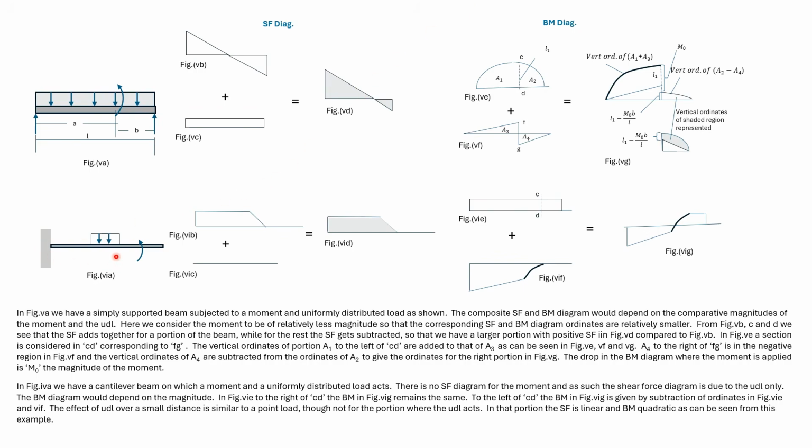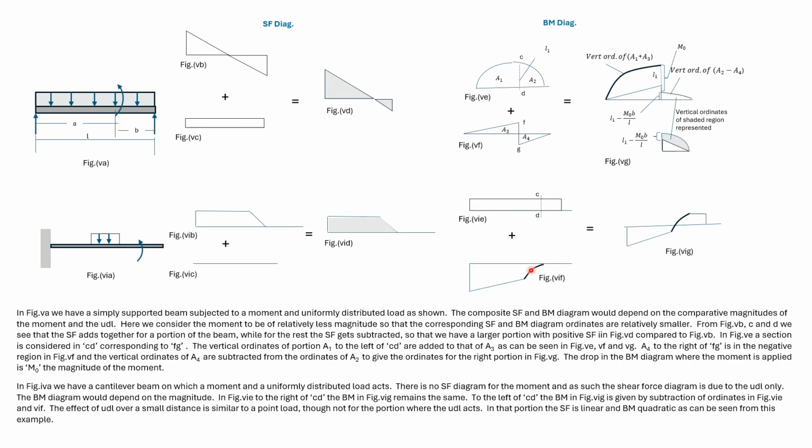In this case, we have a UDL acting on a small section of the beam and also a moment acting. The beam is a cantilever beam. The shear force is only due to the UDL acting. Due to the moment, the bending moment is constant for the portion till where the moment acts.